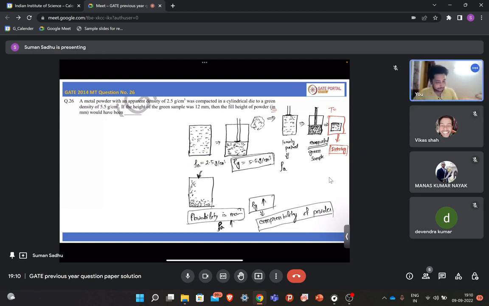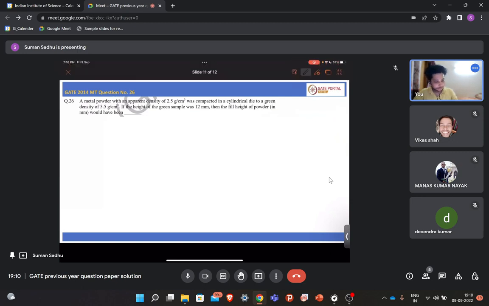Okay, so what it tells us is that initially this powder was filled in a cylinder. At that time, its apparent density was 2.5. Let's say the initial height of the cylinder is h. Now it is compacted to a green sample, so now the powder is up to this level.